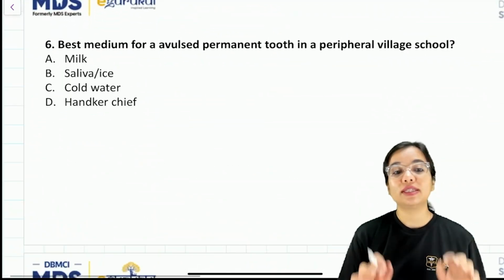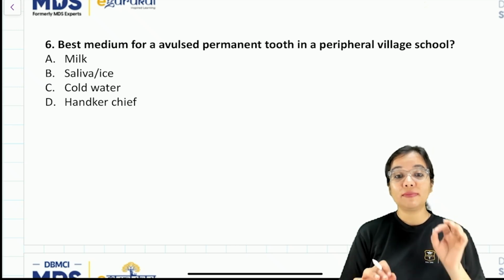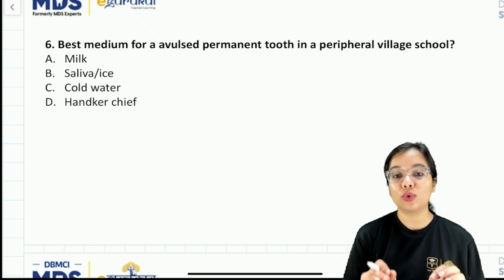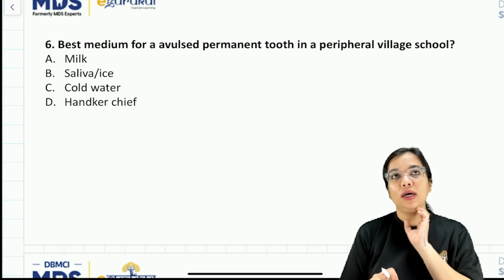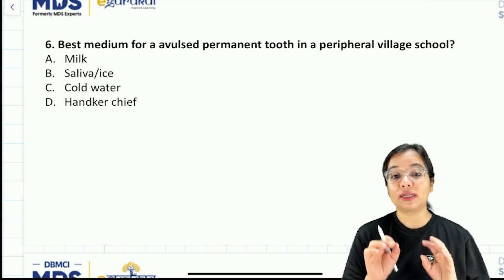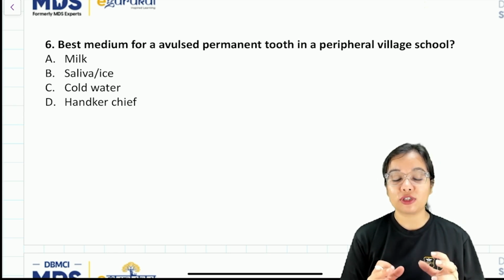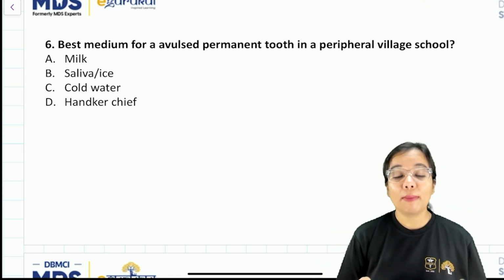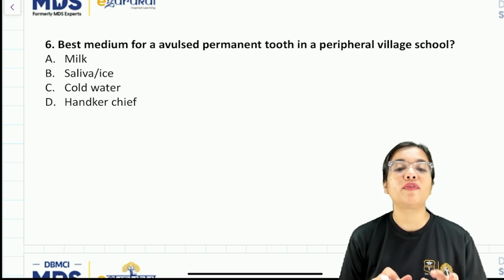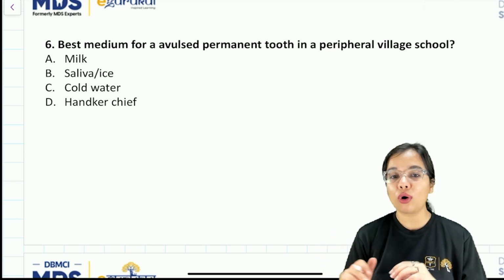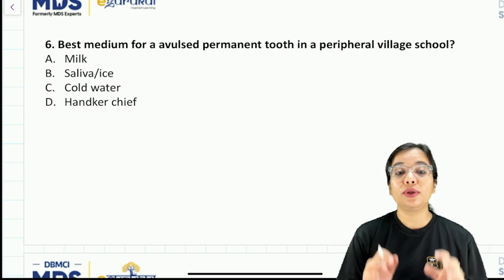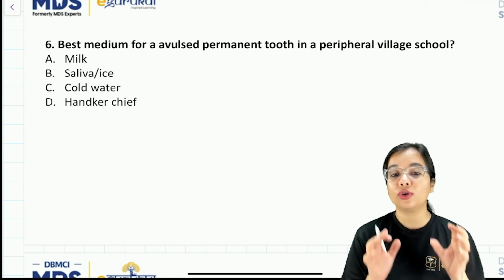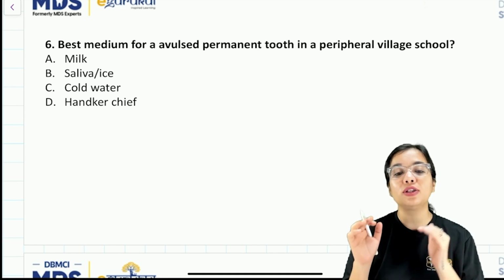Now we come to the sixth question, that is the best medium for an avulsed permanent tooth in a peripheral village school. So, you must have read that the best medium for storage of an avulsed tooth is the Hank's balanced salt solution medium. But when you are at a playground or at the terrace of your home or anywhere, you will not find HBSS solution, you're only going to find it in medical stores.